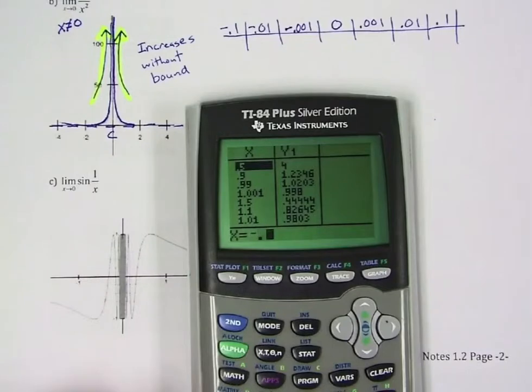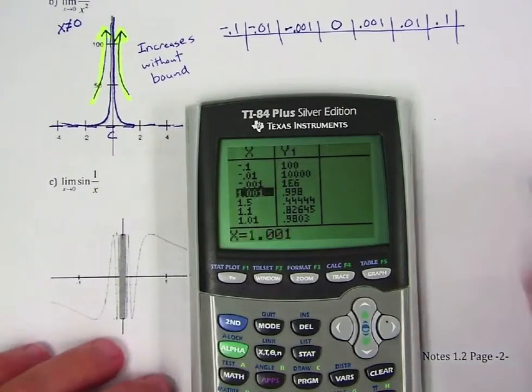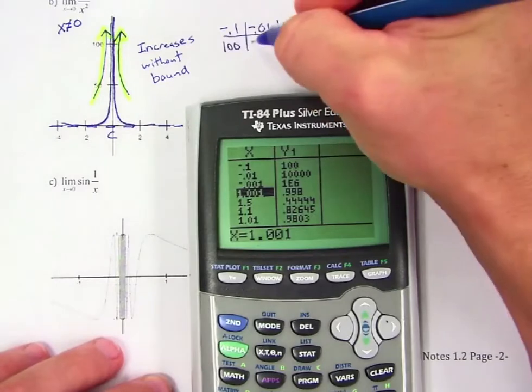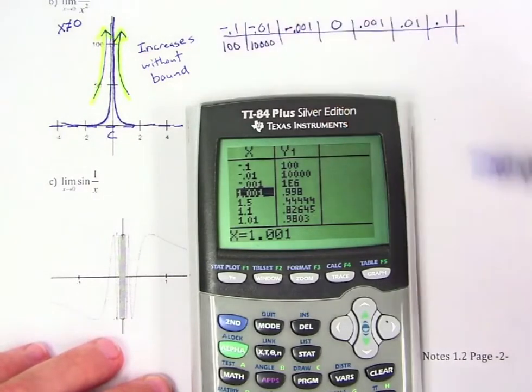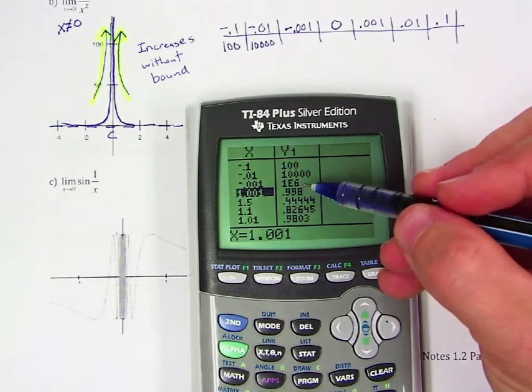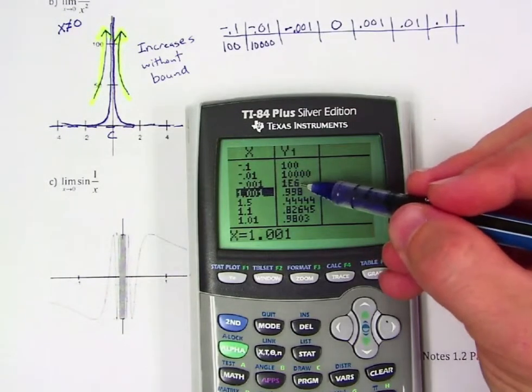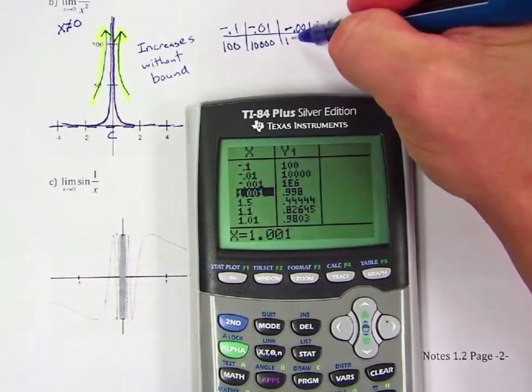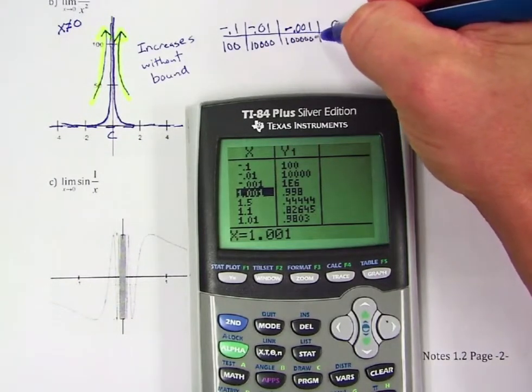Type in -0.1, -0.01, -0.001. Okay, so we get 100. And then we get 10,000. And we get 1e6. So we're going to come across these exponents a little bit here. 1e6 just means add 6 zeros after the 1. So 1, 2, 3, 4, 5, and 6.